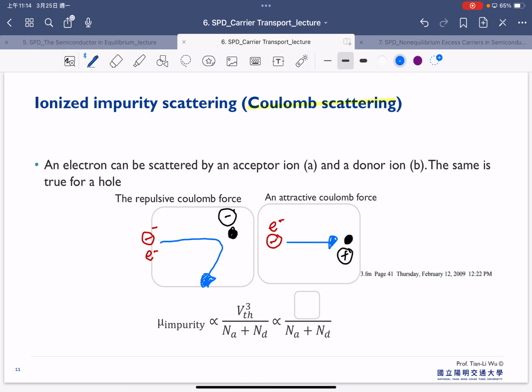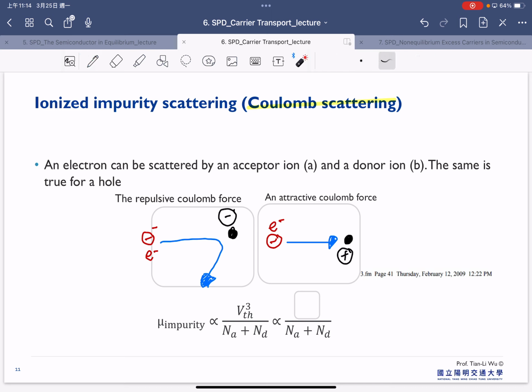So that's very simple physics. It's mainly related to the Coulomb force here, and in this case it will influence our mobility. That's why we call it Coulomb scattering.